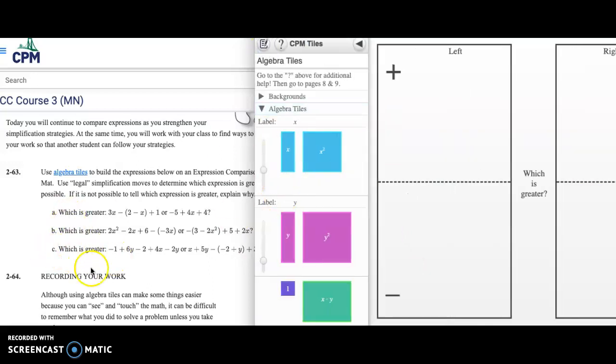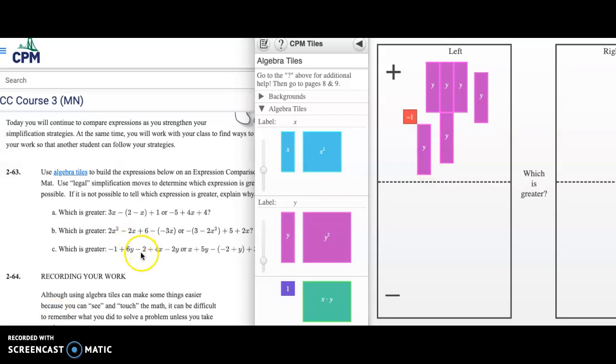Okay, so part C, we have a -1, positive 6 y's, 6 positive y's, -2, plus 4x or positive 4x, and then -2y.